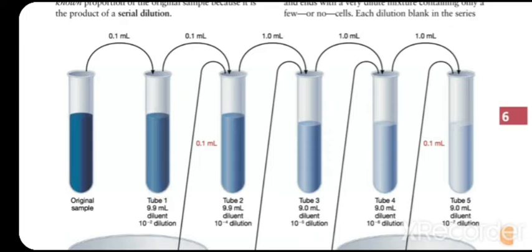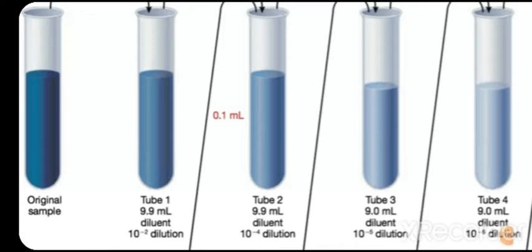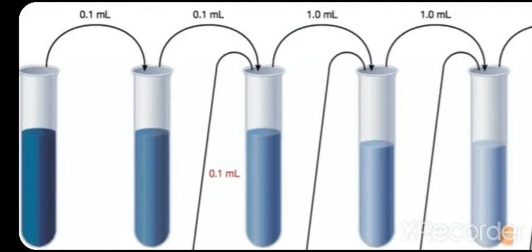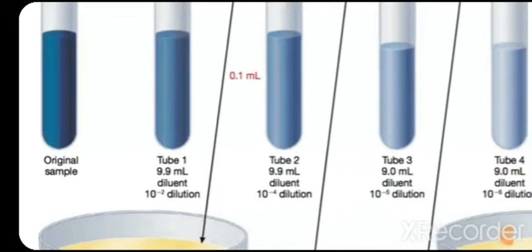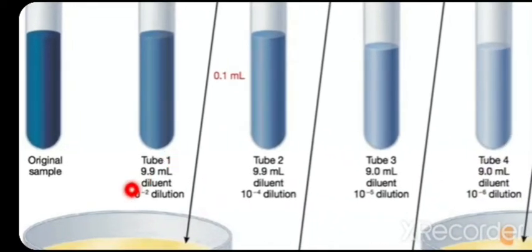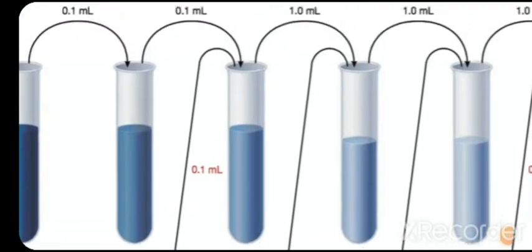It may be saline. So we call it 10 raised to minus 2 dilution. Here 0.1 is added to 9.9, therefore it is 100 times diluted, and this dilution is 10 raised to minus 2 dilution.